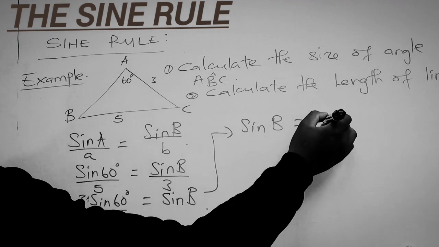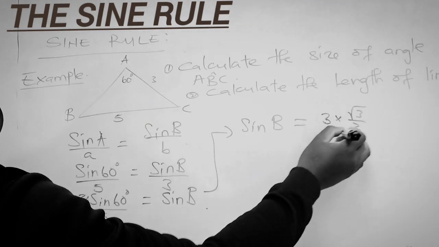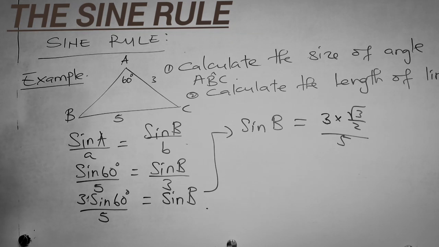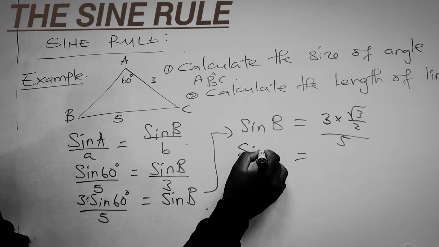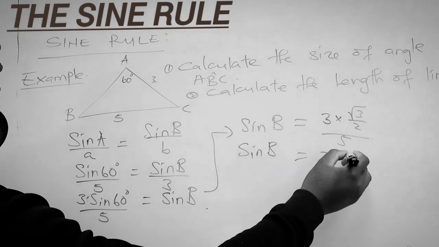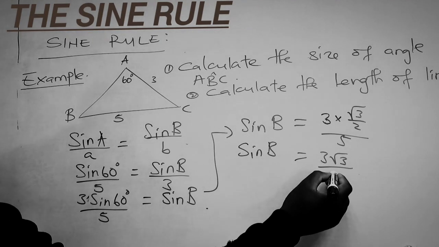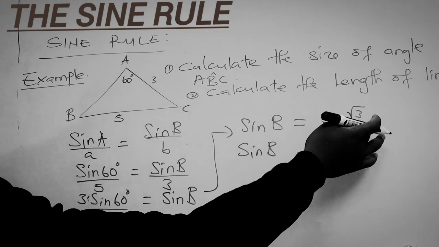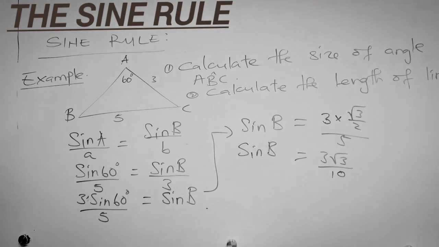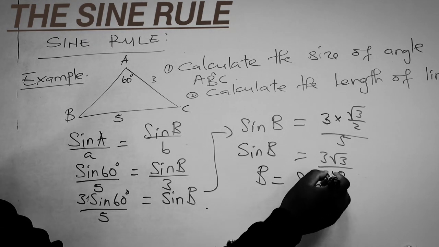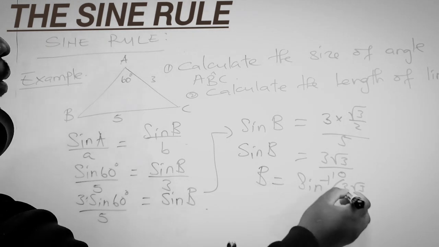So this is 3 multiplied by root 3 over 2, over 5. So this is 3 root 3 over 2 divided by 5, which simplifies to 3 root 3 over 10, since 2 times 5 gives 10. So B is equal to sine inverse of 3 root 3 over 10.